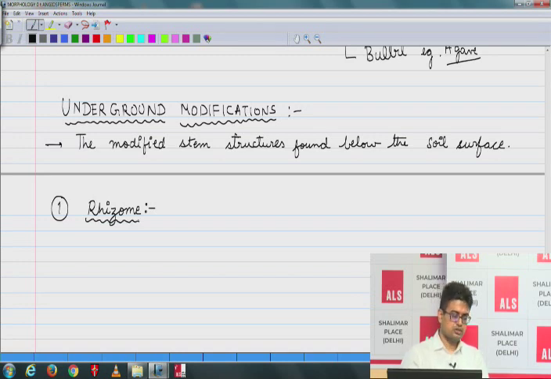So what is rhizome? You call it a fleshy non-green underground stem. It is a fleshy non-green underground stem.